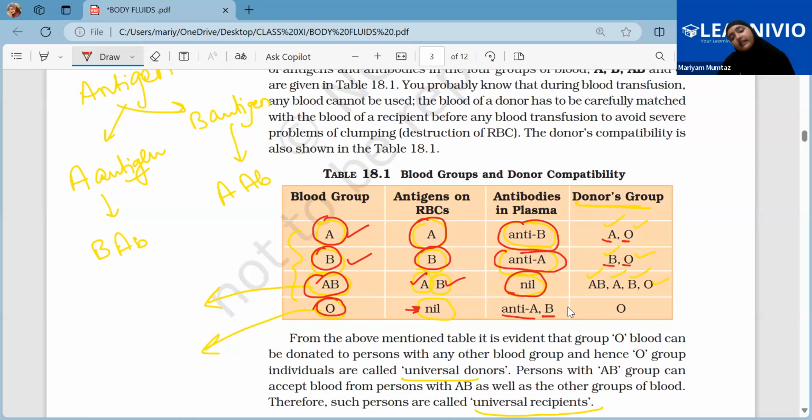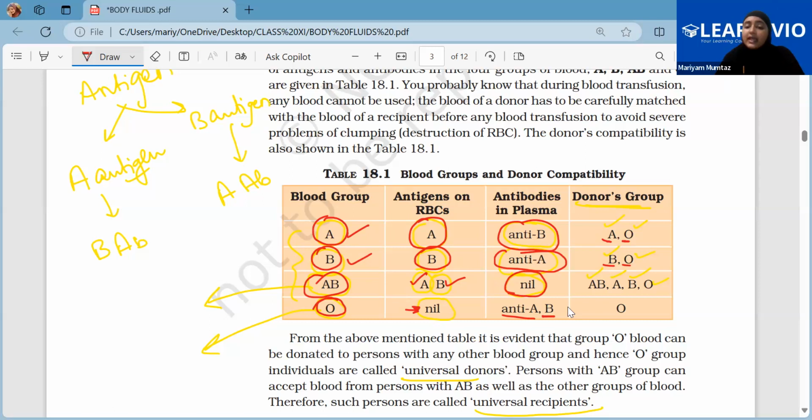Because of this very reason, the O is known as the universal donor. It can donate blood to anyone because it does not have any antigen present on it. And if antigens are not present, then antibodies will not be made.